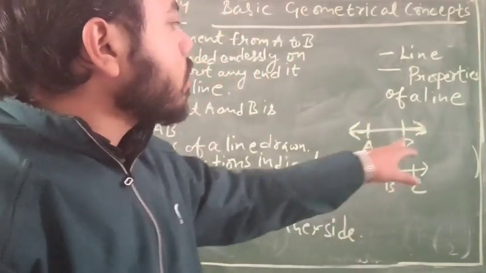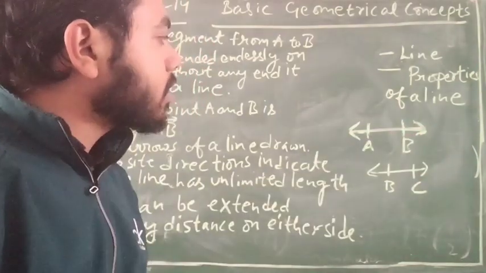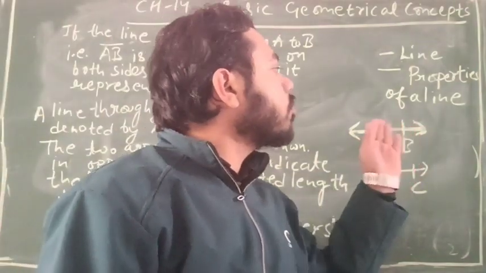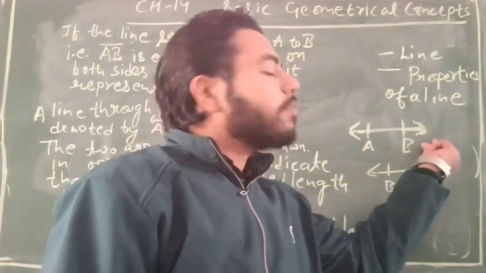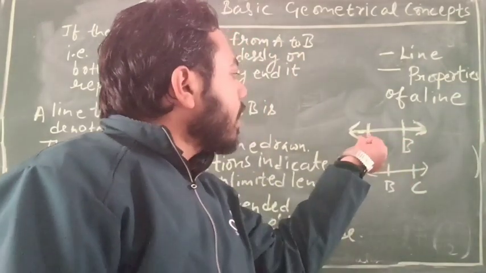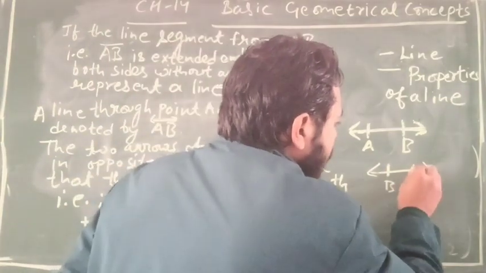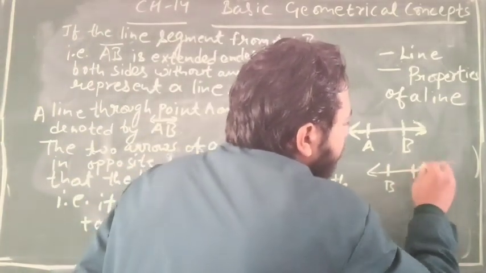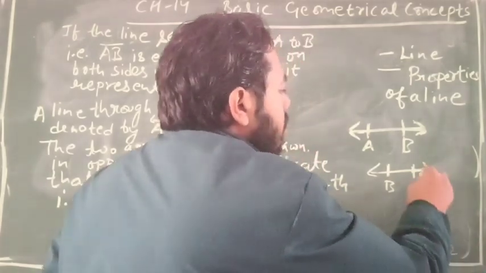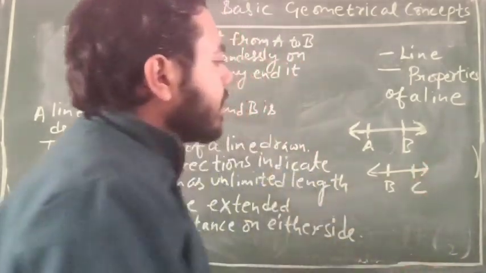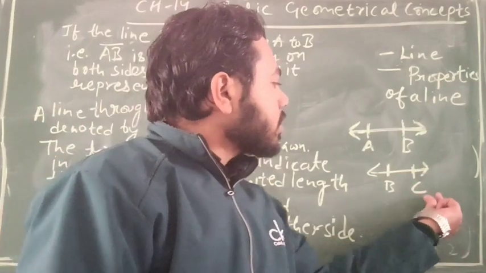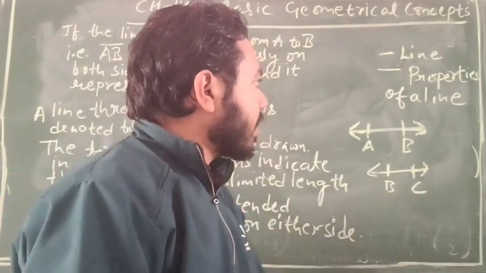These two arrows indicate that it can be moved forward in the B direction and in the A direction, up to infinite distance, in the C direction and in the B direction.